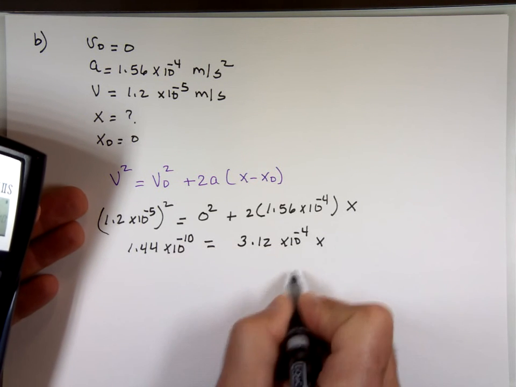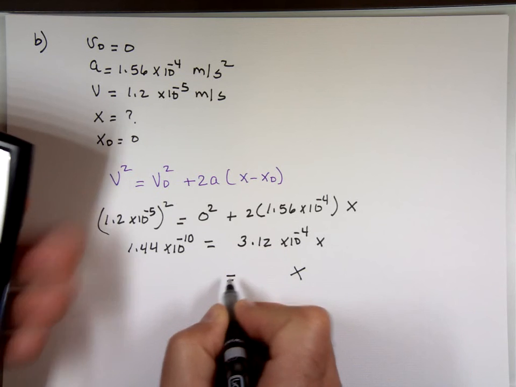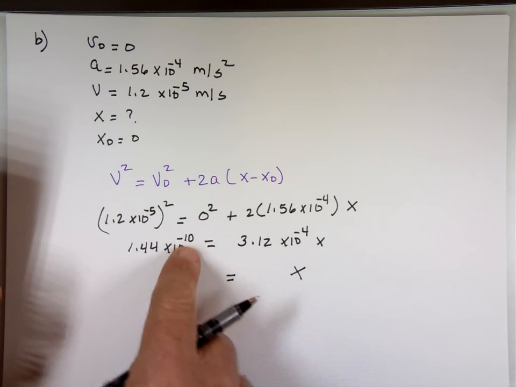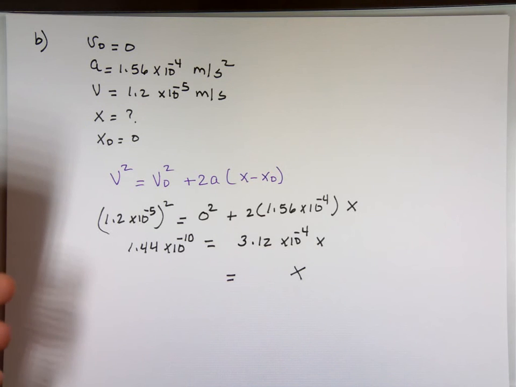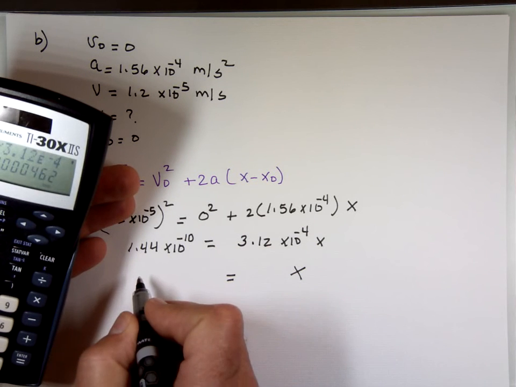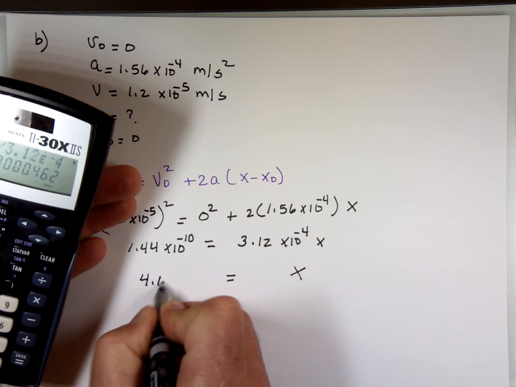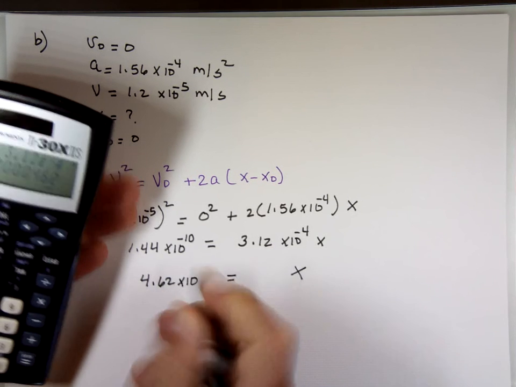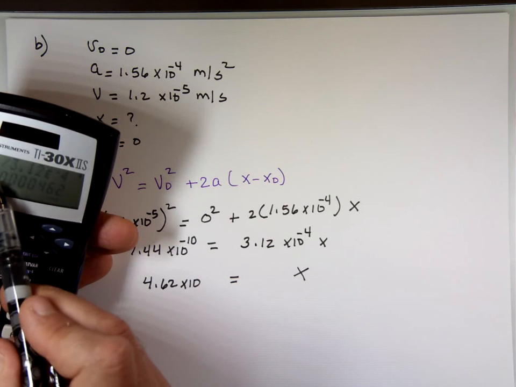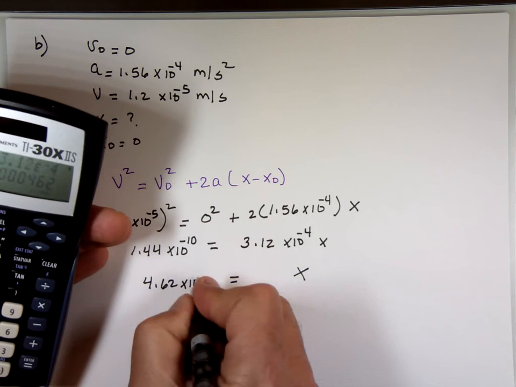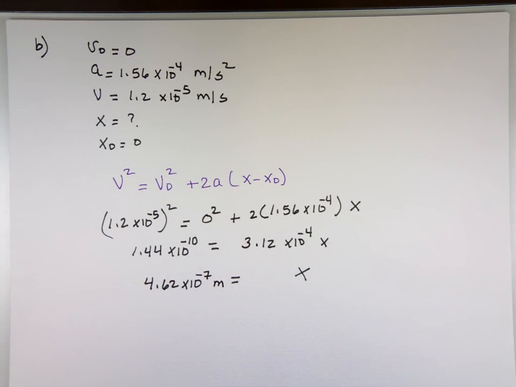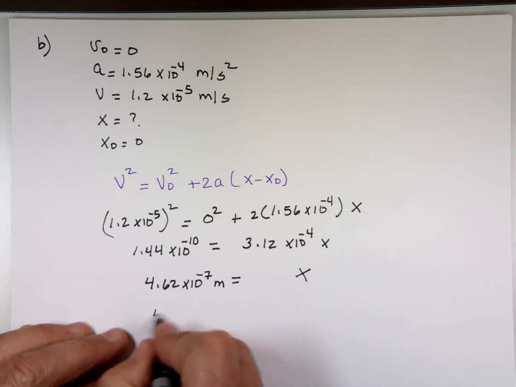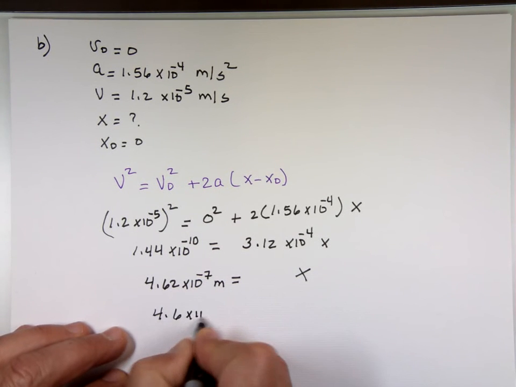To find x, we divide them. 1.44 times 10 to the negative 10 divided by 3.12 times 10 to the negative 4, which is 4.62 times 10 to the power of what? 1, 2, 3, 4, 5, 6, 7, negative 7 meters. Two significant digits, 4.6 times 10 to the negative 7 meters.